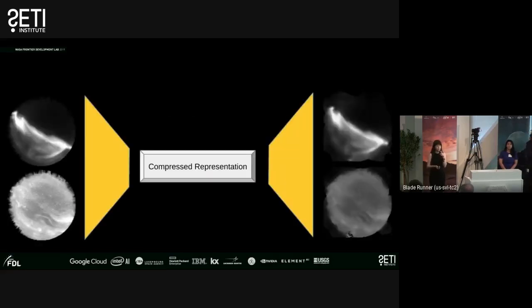One approach that we've used during the past 8 weeks is to take images of the aurora, use a machine learning model to compress that information into a compressed representation, and then try to accurately reproduce images of the aurora.